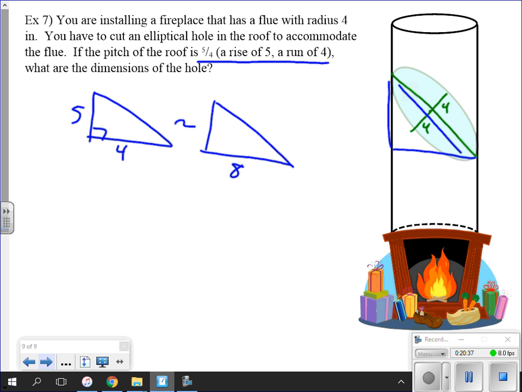Remember, it's 8 inches across here because it's 4 inches for one of them, right? So 8 inches across, what's my height? So my roof has a pitch of 5-to-4. I'm going to go 8 inches across. How far do I go up to match it? 10. So I go over 8 and up 10. What's that length there going to be?